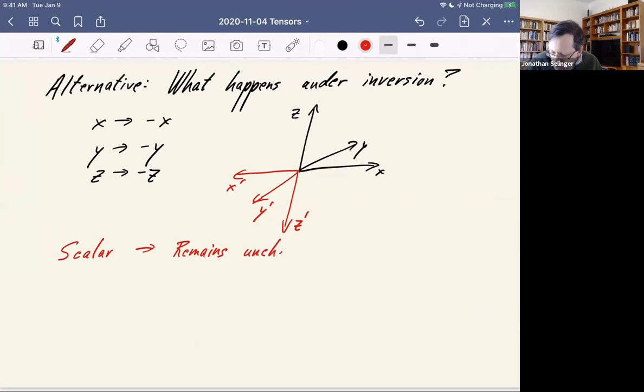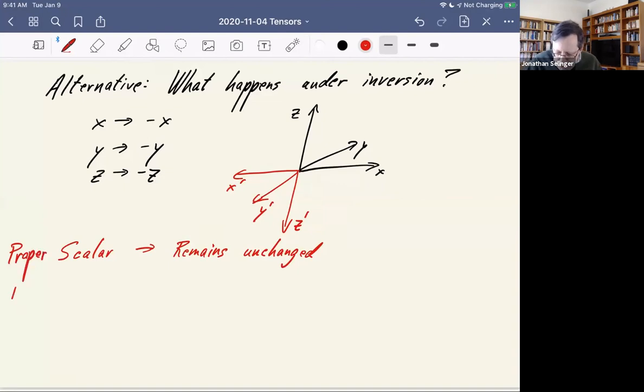It is a pure number by itself. And so if we have a pure number like the mass of a particle, that does not change when you do a change of coordinates like this, okay? So a scalar, I'll call it, it's a proper scalar, okay?